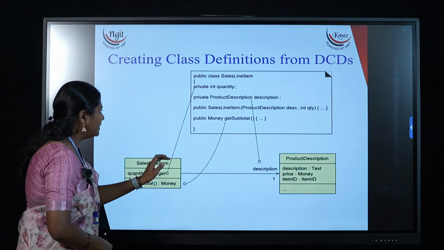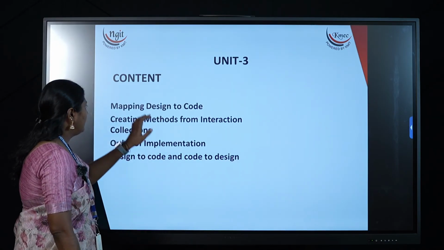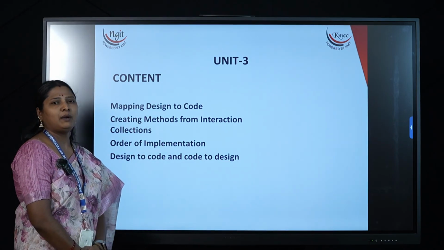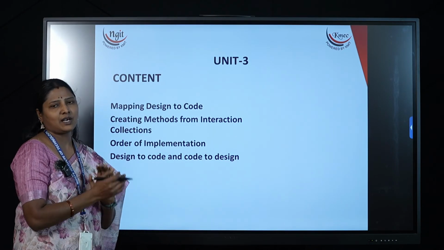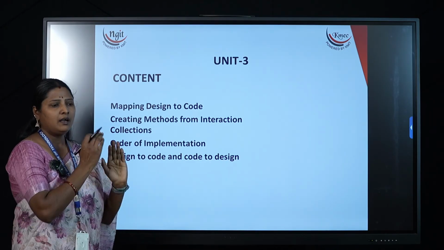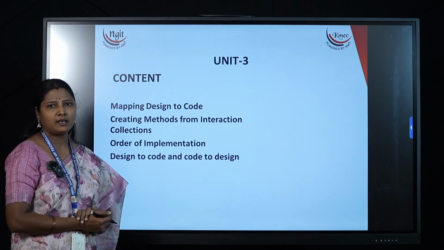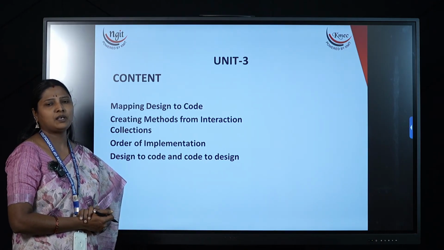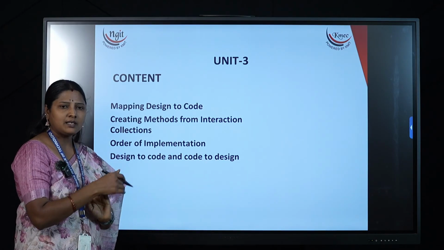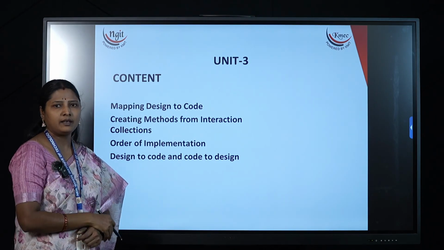So if we come back to this, the mapping of design to the code can be done especially for the structural diagrams. As we know, there are two types of models, structural and behavioral diagrams. Behavioral diagrams are especially used to communicate within the system or among the stakeholder and the developer.